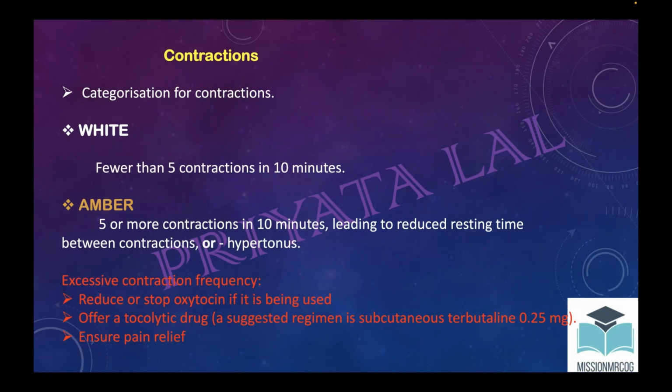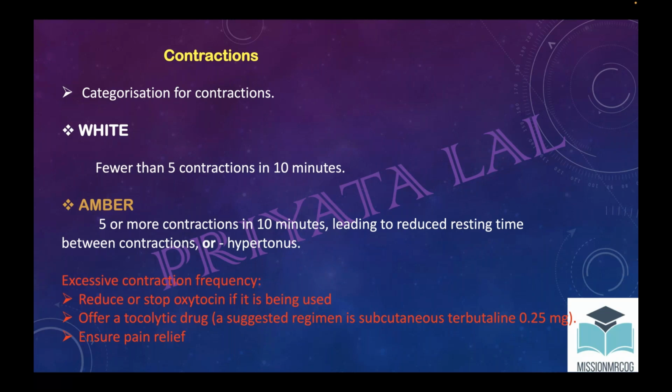If there are fewer than 5 contractions, they will put white color. Now, it is a color coding. Previously, they used to give us terms such as reassuring and non-reassuring, but this has been changed in the new guideline.